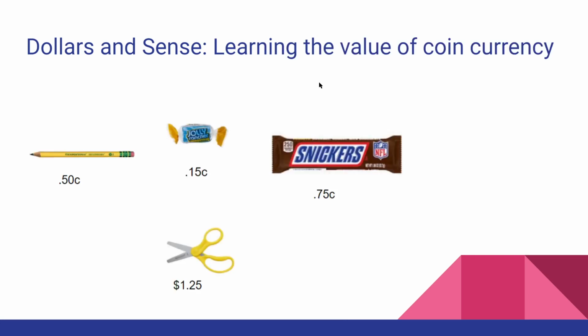The next lesson after that is dollars and cents, learning the value of coin currency. What they will have is manipulatives, whether they're digital or in their hand. I prefer to have them in the hand. And they try to find out how to make these values. 50 cents, 2 quarters, right? Or 5 dimes or 10 nickels. There's a different way that you can do this.